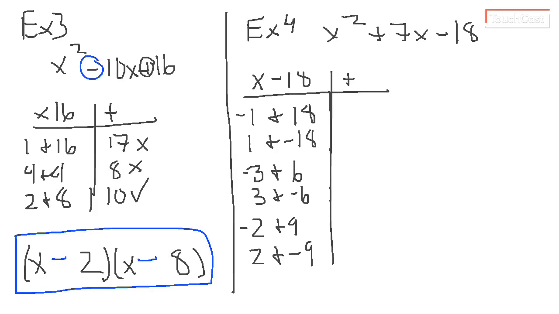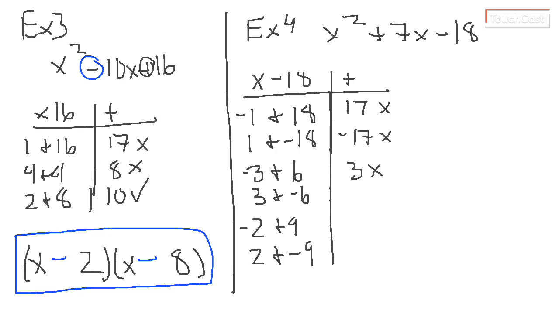If I go negative 1 plus 18, I get 17. That's not what I want yet. Positive 1 plus negative 18, that gives me negative 17. Still not what I want. Negative 3 plus 6 gives me a positive 3.